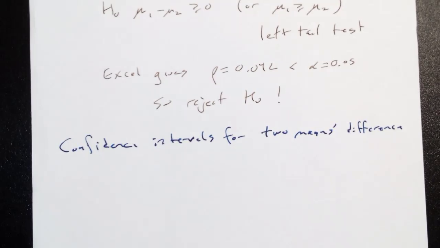If it contains 0, then it contains my expected difference, then there's no difference between the two things. But if my confidence interval doesn't contain 0, it doesn't contain my expectations, then we should reject.